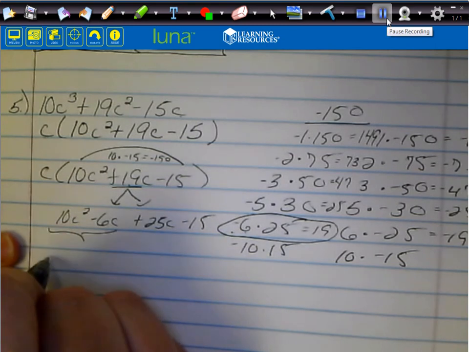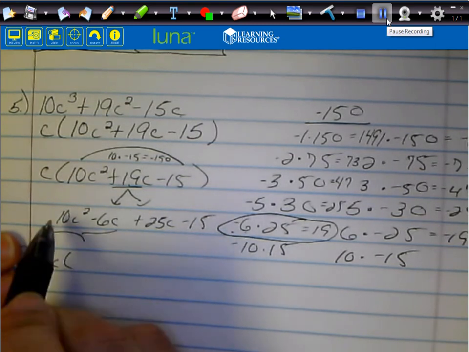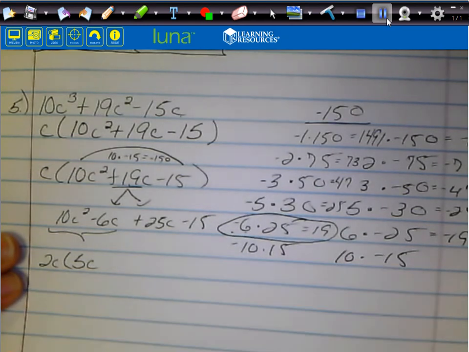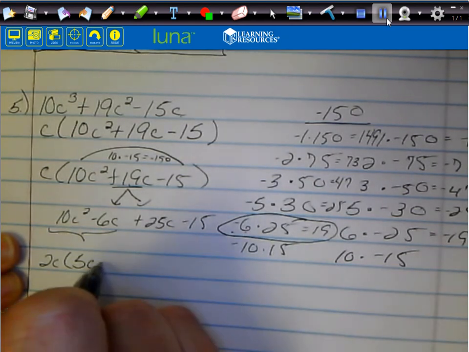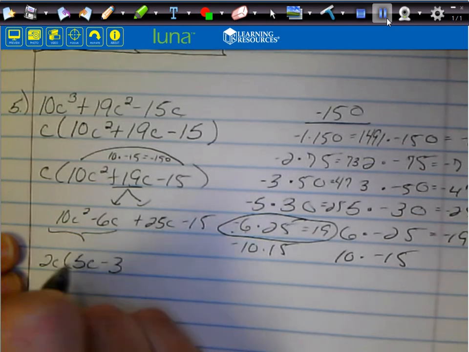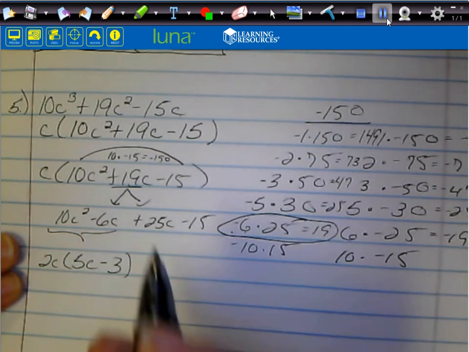Alright, so I'm going to take out a 2 and a c. 10 divided by 2 is 5. I had 2 c's. I took one out. I have one left, so 5c. Minus 6 divided by 2 is 3. I had a c, but I took it out, so I close those parentheses.